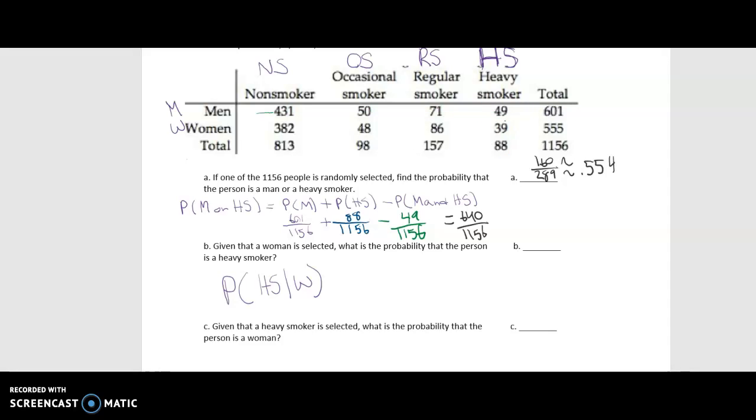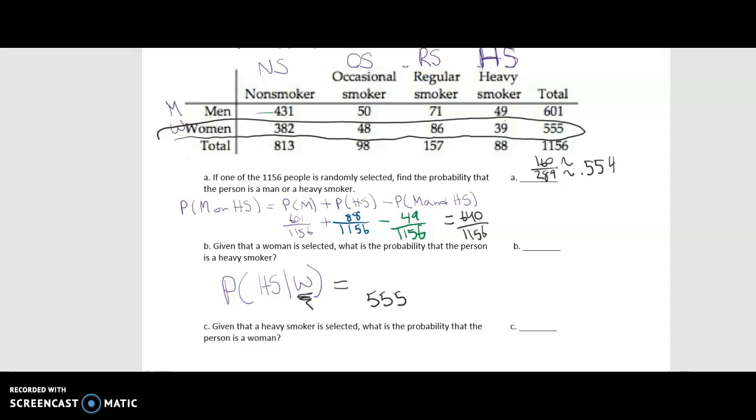So probability of a heavy smoker, given that we have a woman, means we're only looking at the woman. So I'll only look at the row of women. That means our denominator is out of the total women. So looking at the women, there are 39 heavy smokers. So we have 39 over 555. Simplifies to 13 over 185, or approximately 0.070.